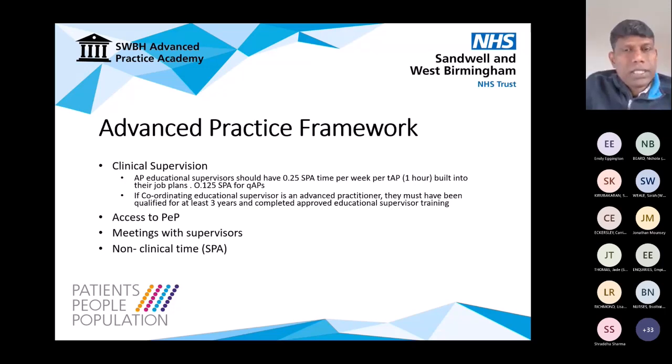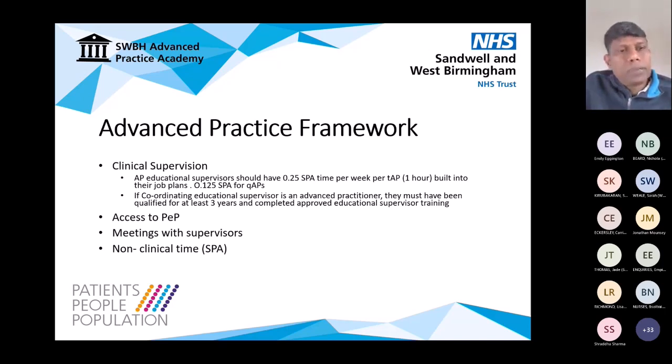So having these conversations helps them to understand the needs, and our trainees are getting more supervision nowadays. And the electronic portfolio and the requirement of workplace-based assessments are all coming into action now.